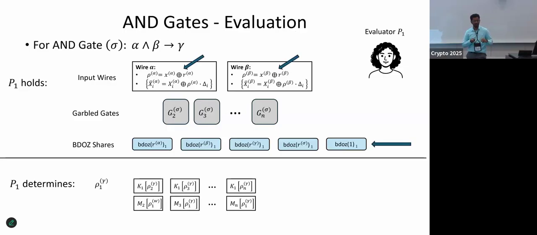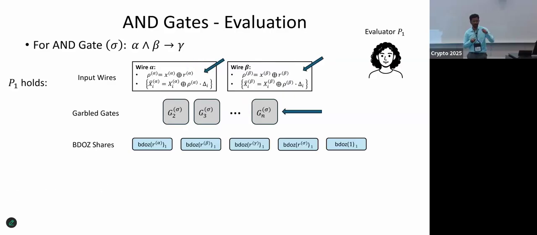Using this, P1 first determines its BDOS share for the masked value rho gamma, and it ungarbles the circuit by making use of the masked values to identify which entry to decrypt in the garbled circuit, and using the input labels to decrypt that entry.